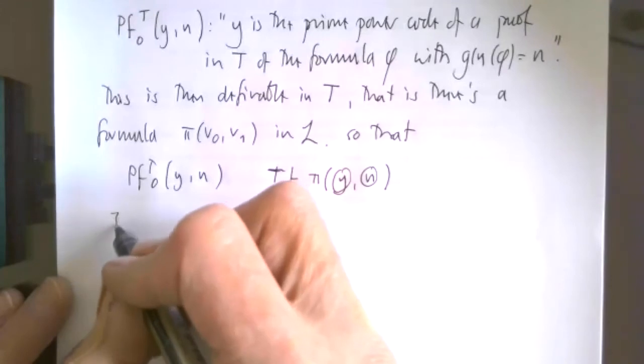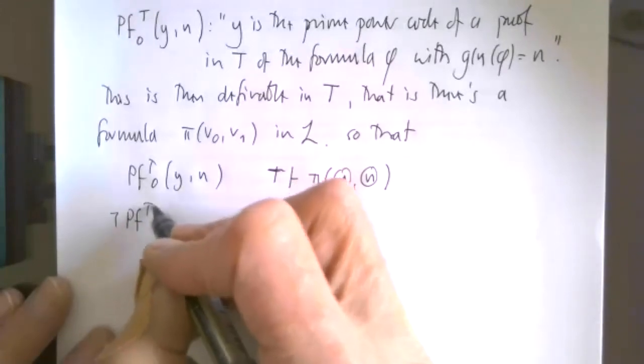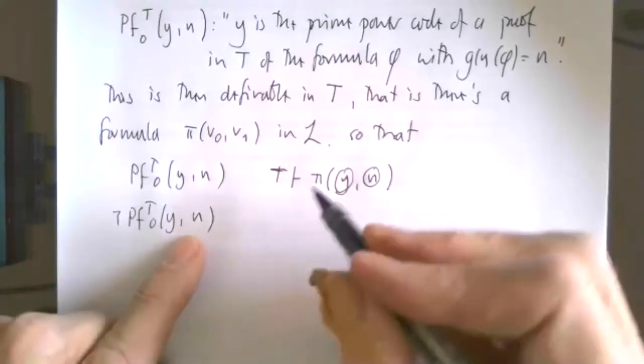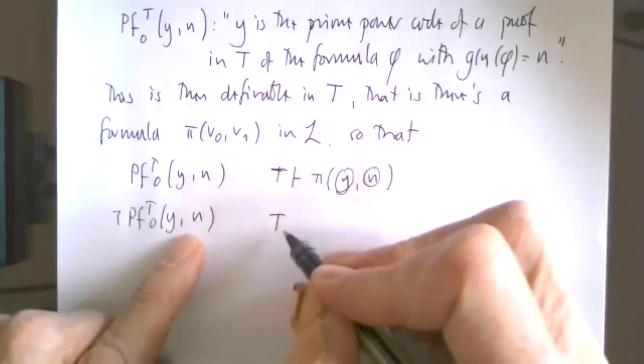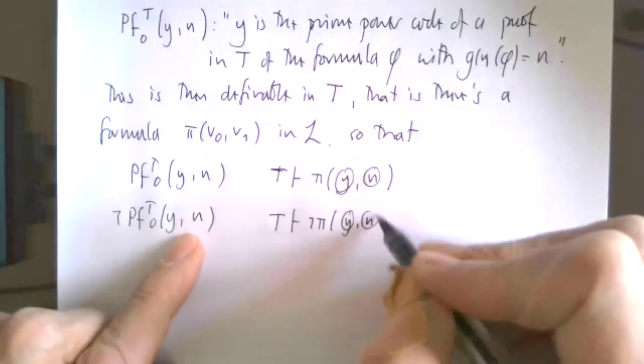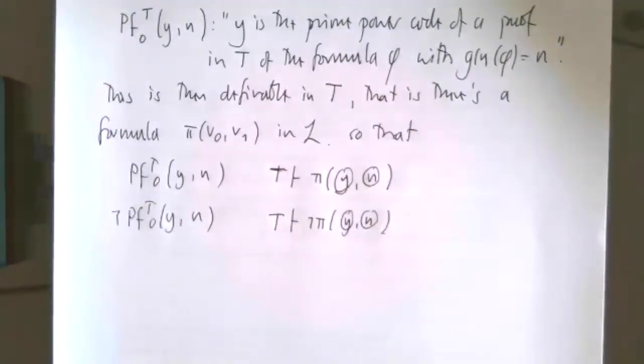And if this doesn't hold, maybe y doesn't code a proof, or it's not a proof of n, then T proves not pi of these number terms.